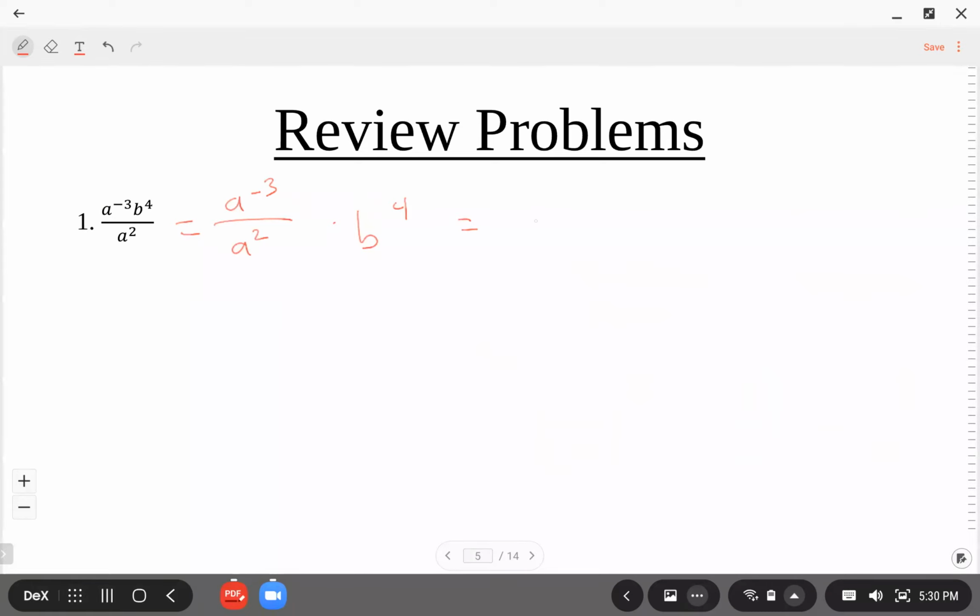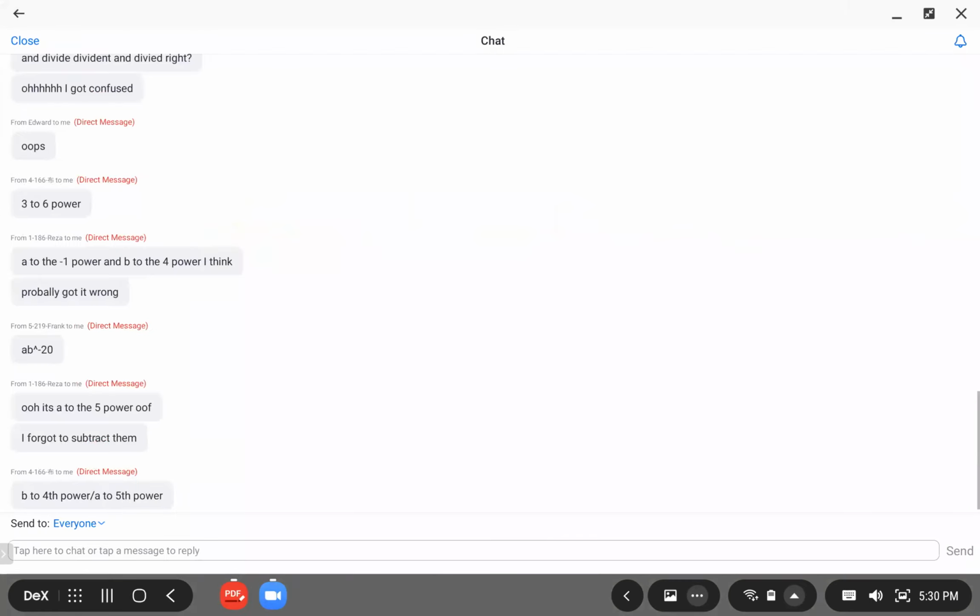Basically, this is going to be a to the negative fifth power times b to the fourth. And what do you do with negative exponents? It's going to be 1 over a to the fifth times b to the fourth. It's going to be b to the fourth over a to the fifth. That's our answer, okay?